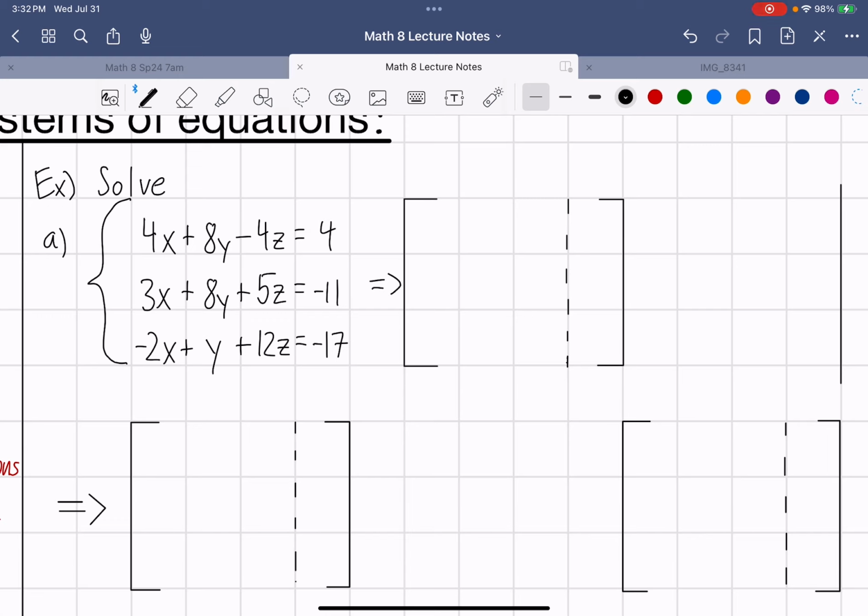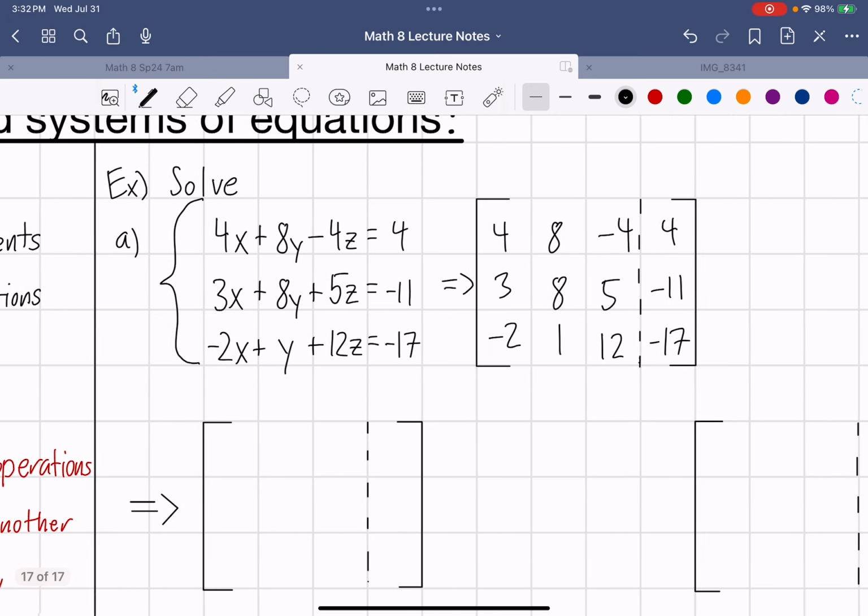So my first column, I'm just using the coefficient 4, 3, -2. Make sure you use the sign that's according to it. 8, 8, +1, -4, right? Because it's -4z, so I'm going to include the negative there. 5, 12, 4, -11, and -17.